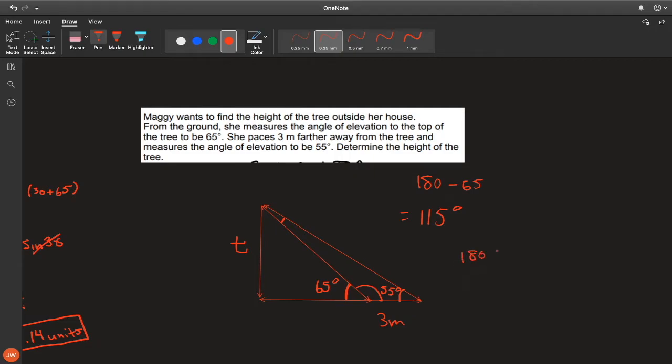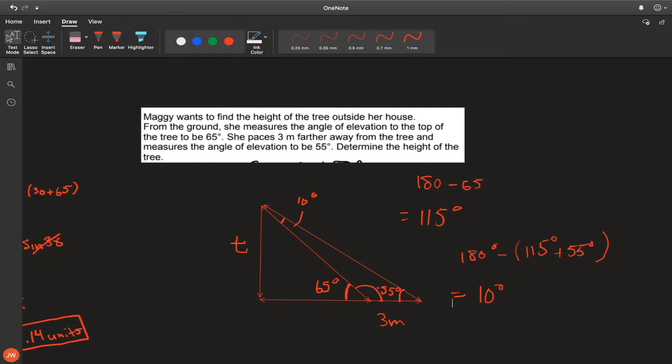So 180 minus the sum of the other two angles is going to give us this angle, and that's 10. This is 10 degrees. So this one in here is 10 degrees. Alright, now, we have all the angles for that triangle.